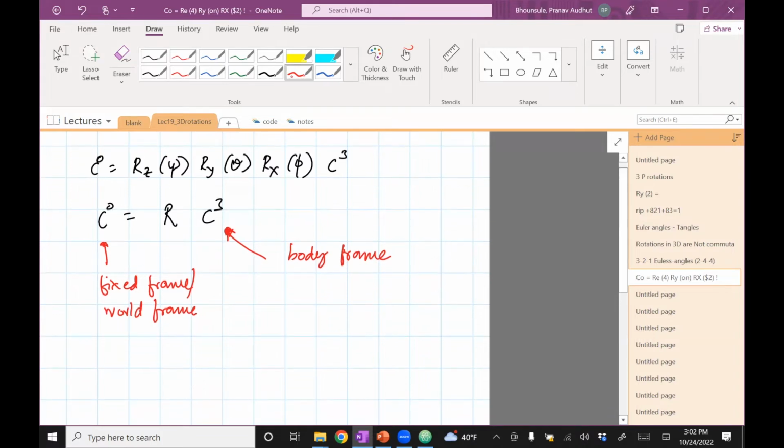And this rotation matrix is the matrix which tells me how to combine these three individual rotations in order to get the final orientation.